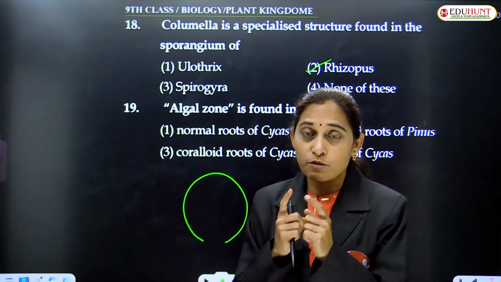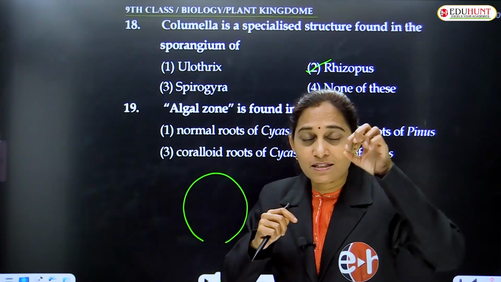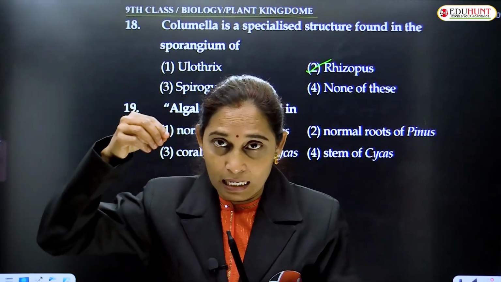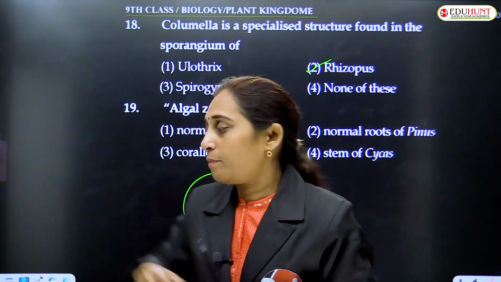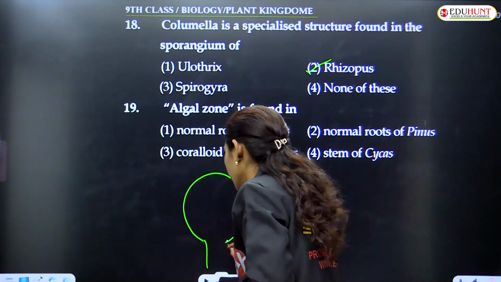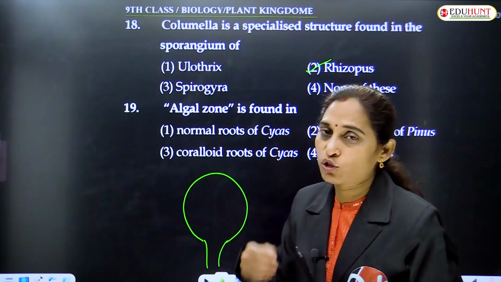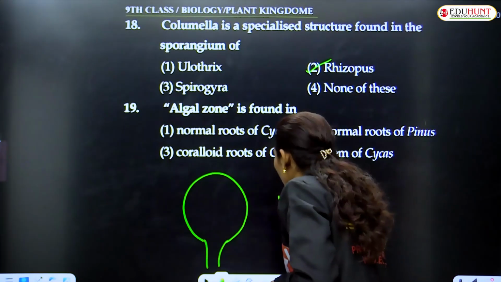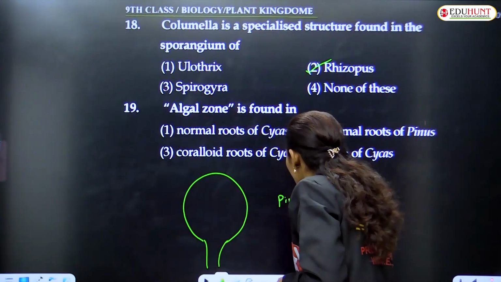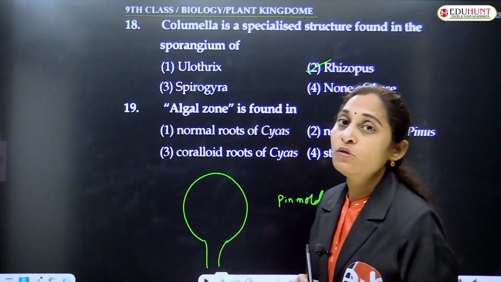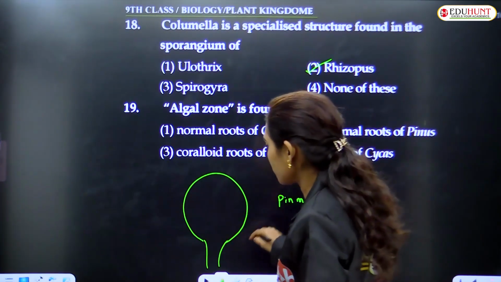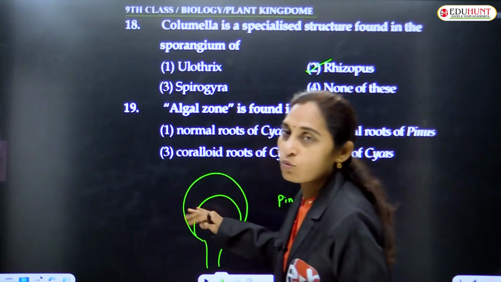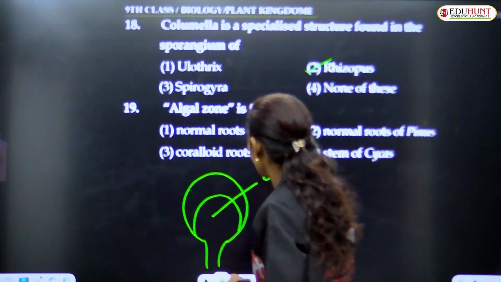Rhizopus is commonly called pin mold because it resembles a pin. The sporangia look like that with the stalk, the sporangiophore, so we commonly call it pin mold. Looking at the sporangium structure, it is differentiated into two regions. This is called the columella.